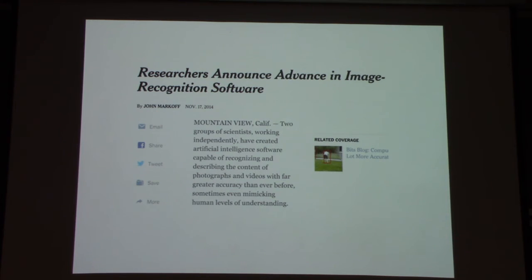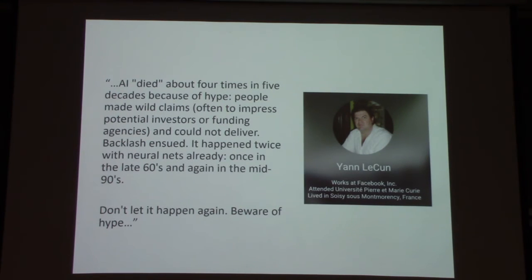Same thing again. This is Yann LeCun, one of the pioneers of deep learning. He's the guy who pushed for convolutional neural networks as a way of doing computer vision in 1984 or 86. I'm going to read this quote out because it's important to keep in mind: Artificial intelligence died 4 times in the last 5 decades because of hype.